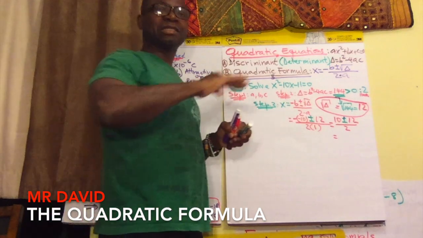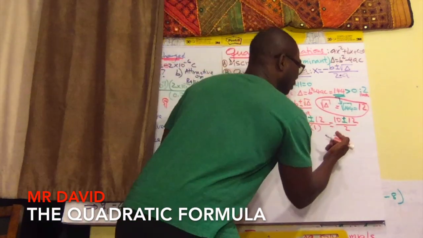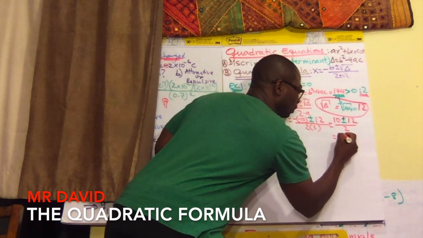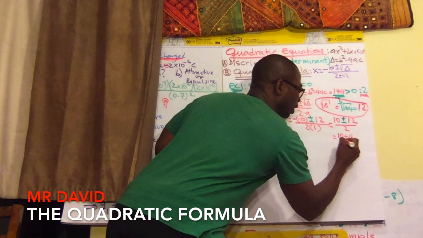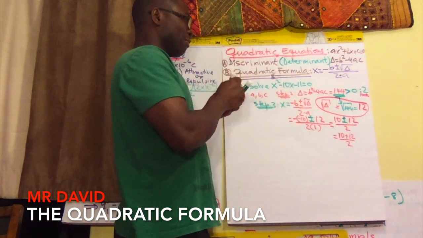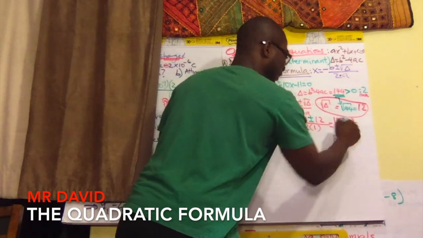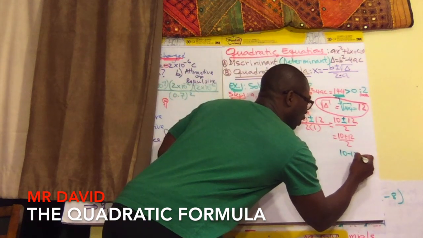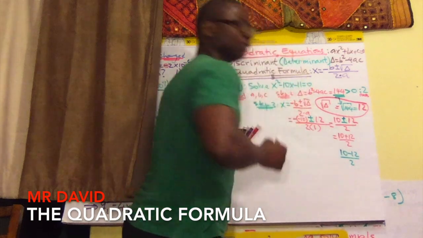One is 10 plus 12 over 2. The other one is 10 minus 12 over 2, the second one.